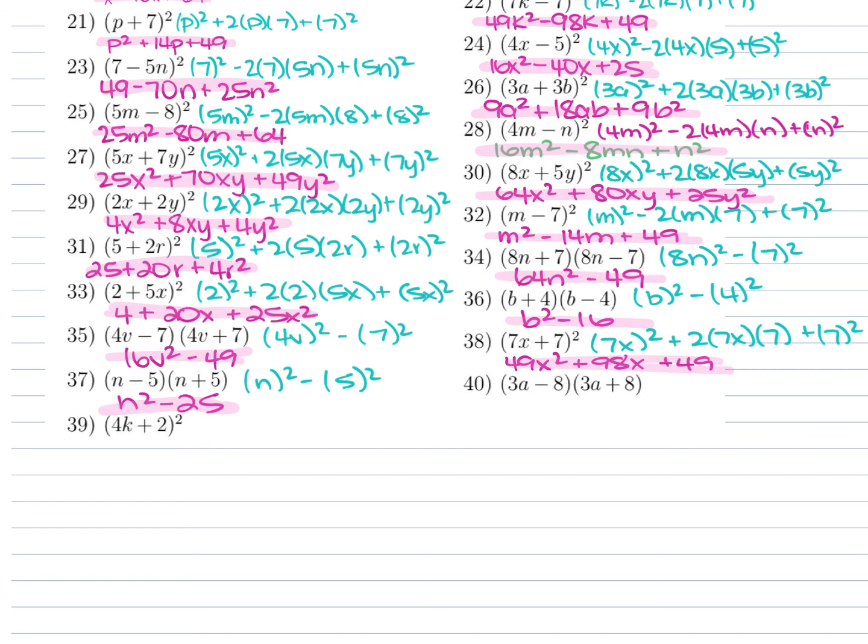For 39, you have 4k plus 2 raised to the second power. So we're going to do 4k to the second power plus 2 times 4k times 2 plus 2 to the second power. This is going to leave you with 16k squared plus 16k plus 4.